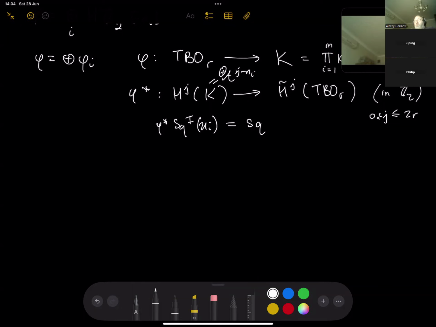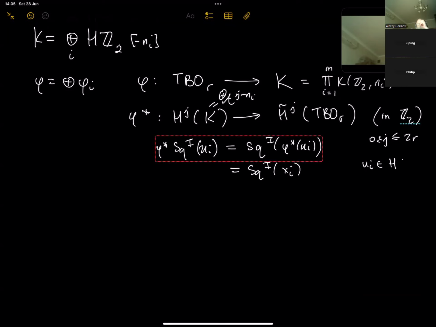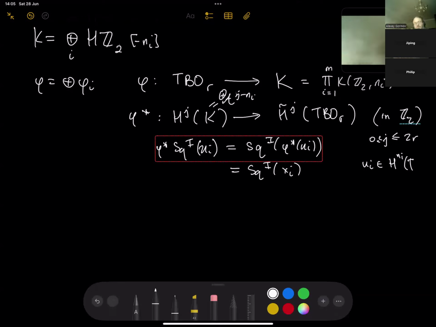Then we can pick a basis here in terms of the admissible sequences, and then phi, by naturality, is this, and this is just by definition, where u_i is the generator in the cohomology of K(Z/2, i). So a basis maps to a basis, and this is an isomorphism.